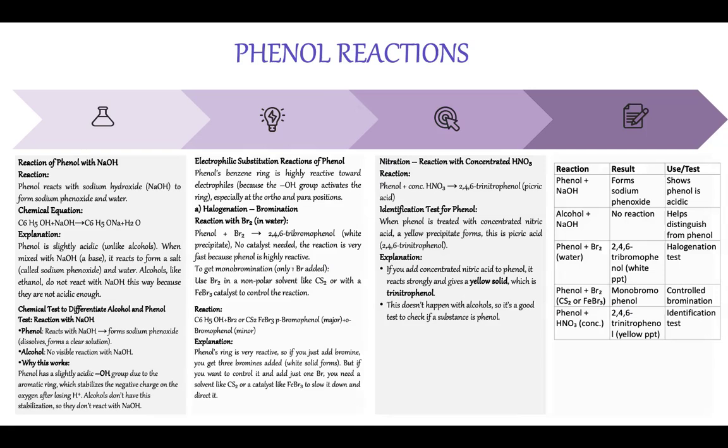For the test for phenol, when phenol is treated with concentrated nitric acid, a yellow precipitate forms, and this is picric acid, 2,4,6-trinitrophenol. If you add concentrated nitric acid to phenol, it reacts strongly and gives a yellow solid, trinitrophenol. This doesn't happen with alcohol, so it is a good test to check if a substance is phenol.